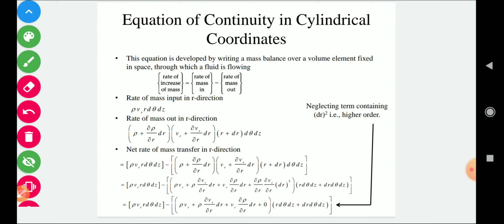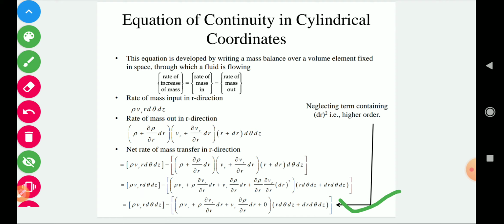then we get this equation. Now we can neglect terms containing square terms like dr square, or higher order terms, because their values are very small compared to other terms present in the equation. So if we neglect this dr square term in this equation, then finally we get this equation.